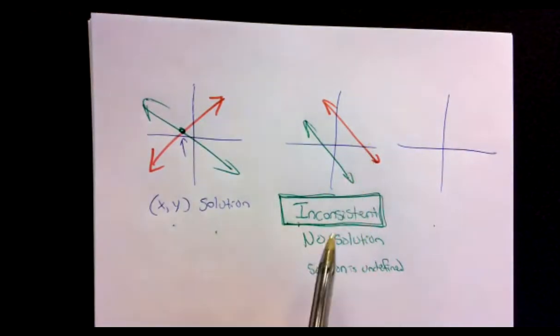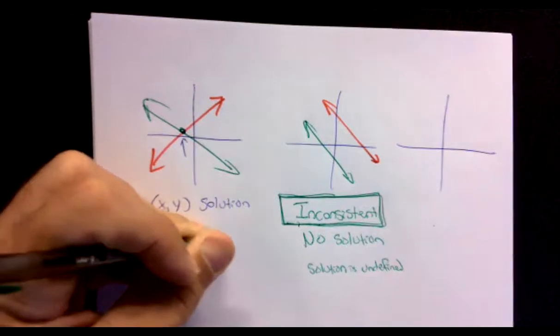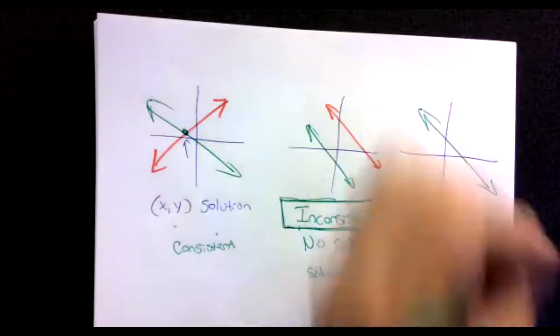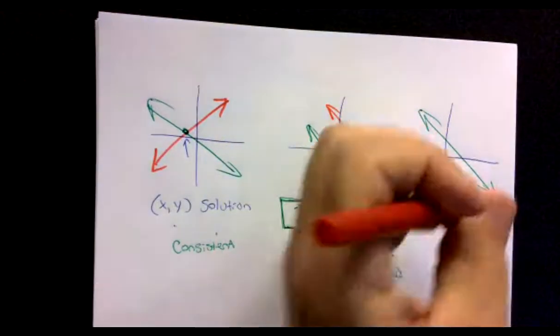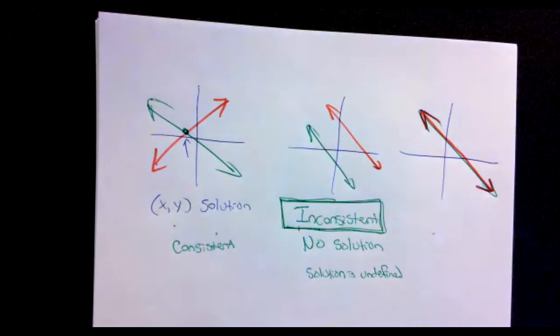If the lines are parallel, this is the only solution that is inconsistent. This one is technically considered consistent. Okay, a third situation that could happen is you could end up with both of your equations actually being the exact same line stacked on top of each other.